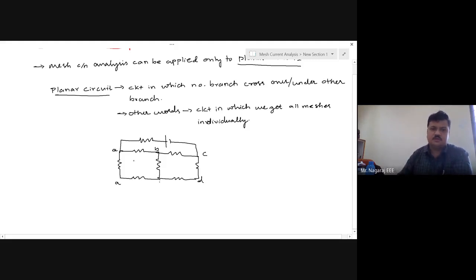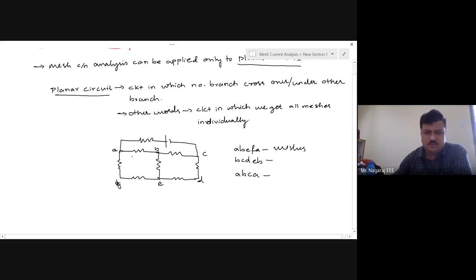A, B, E, F, A. B, C, D, E, B, and A, B, C, A. These are all meshes.